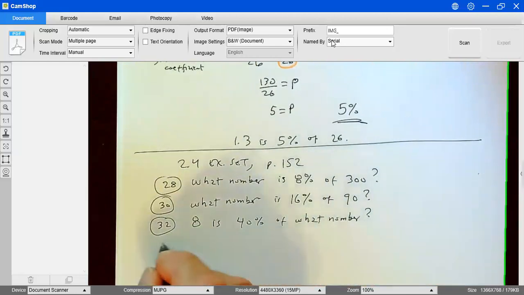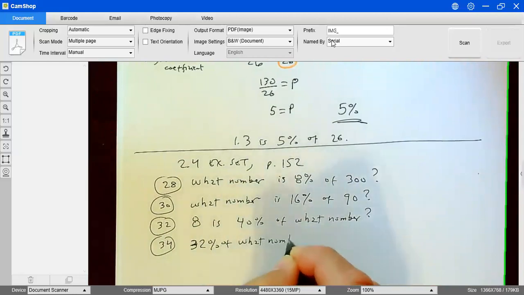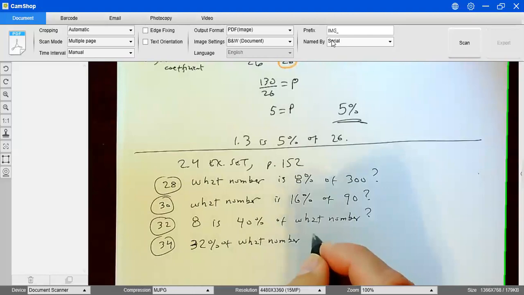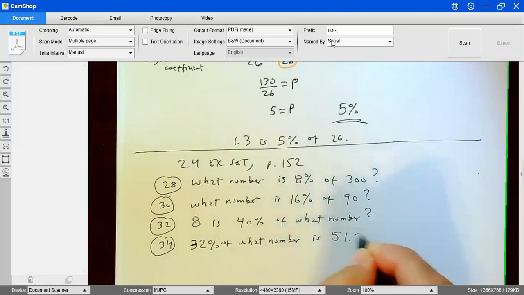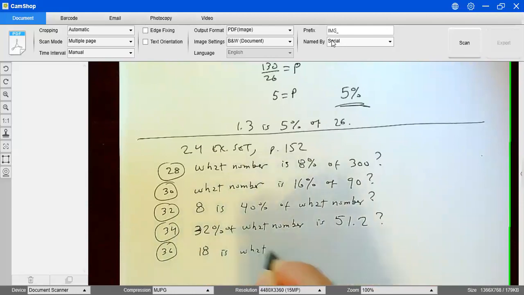Then the next one is 32% of what number is 51.2. Then 36. 18 is what percent of 90?